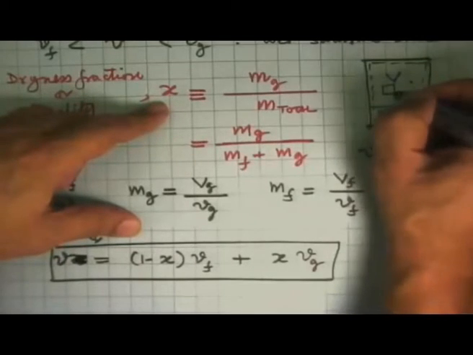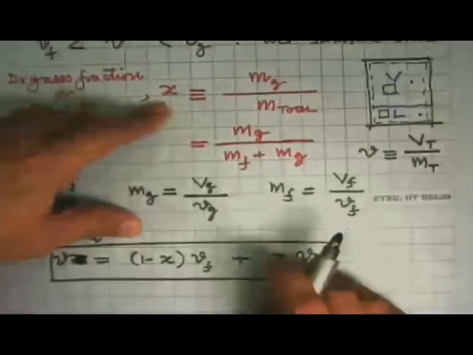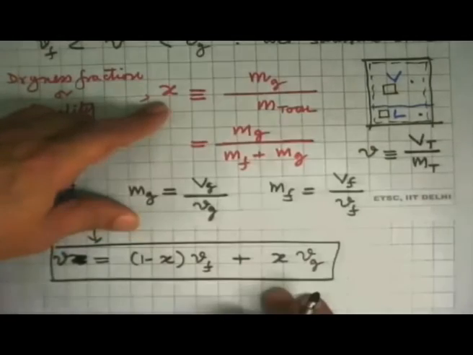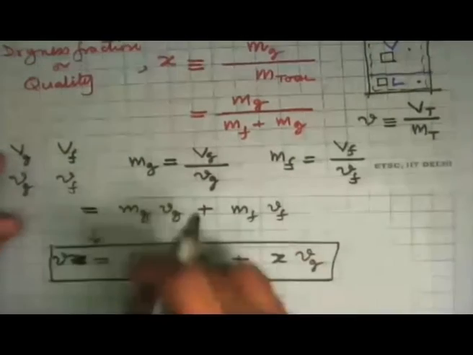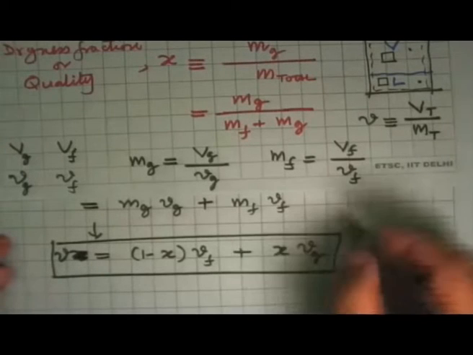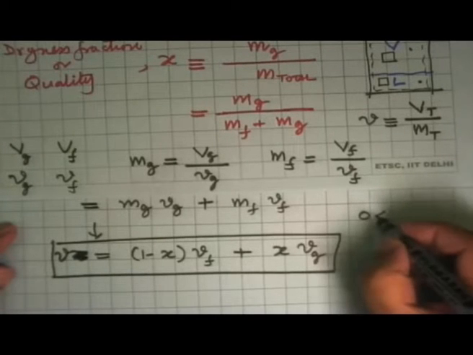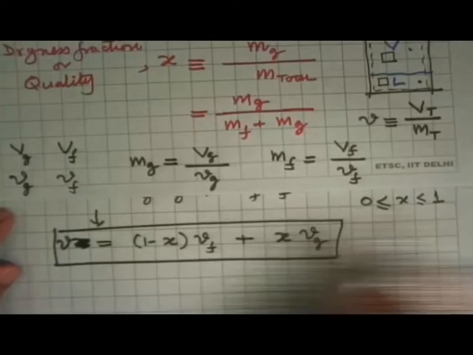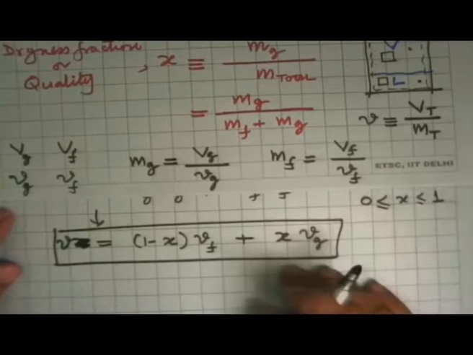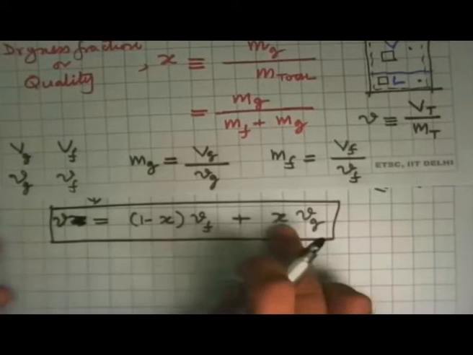Over here, X is equal to 1, it's a dry saturated vapor. Taken together in this whole system, we have a dryness fraction in between those two numbers. So X will always be between 0 and 1. X equal to 0 means saturated liquid. X equal to 1 means dry saturated vapor. So that's the independent property that we were looking at.